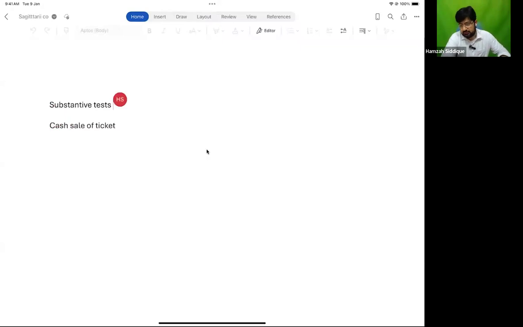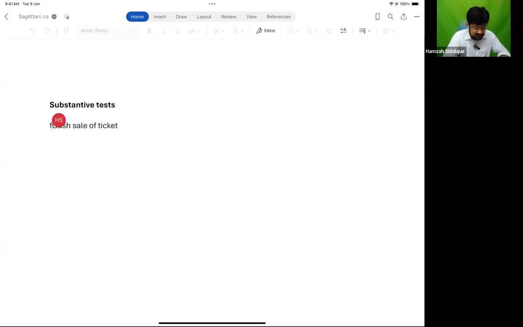What is the source? What do you think? One is the cash book. Okay. They're selling on the counter. There is a ticket record.